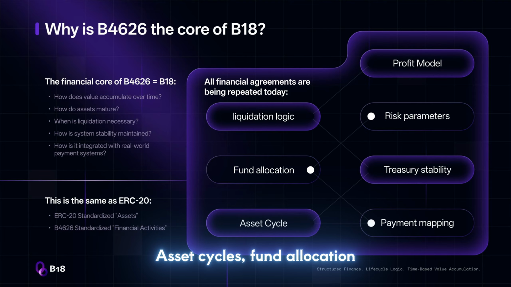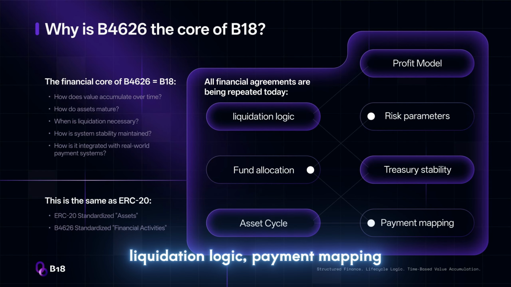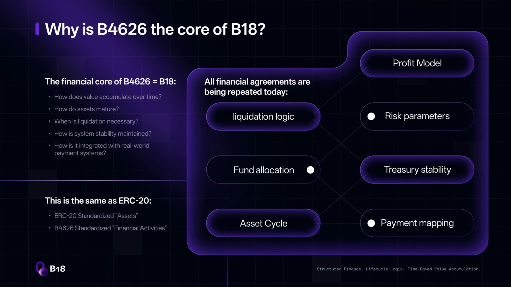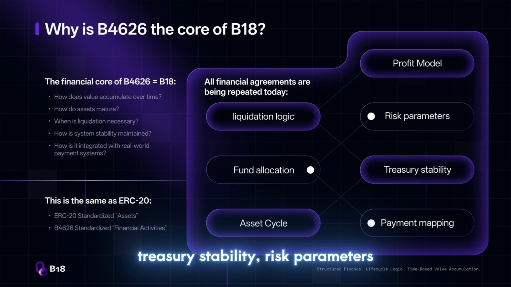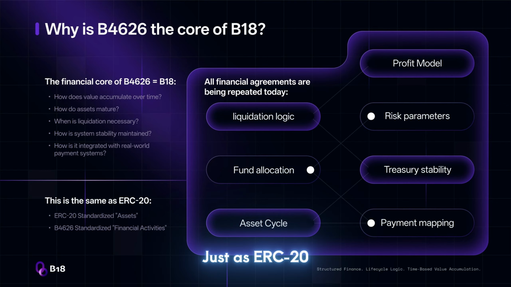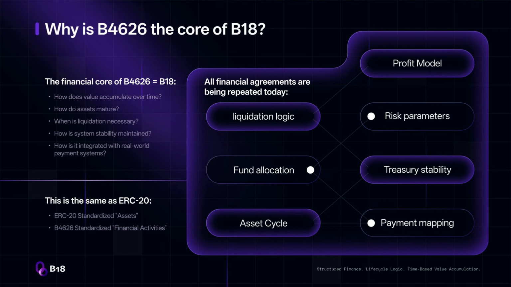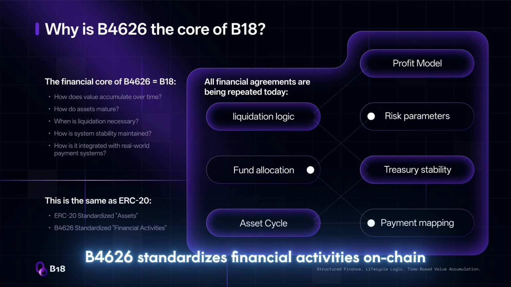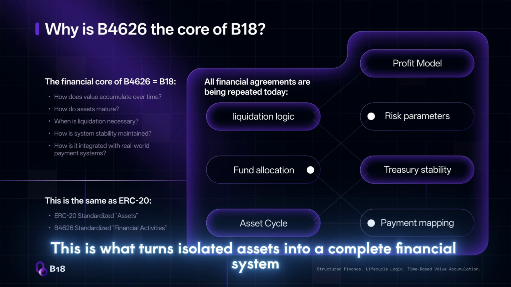Asset cycles, fund allocation, liquidation logic, payment mapping, treasury stability, risk parameters, and profit models are all defined at the protocol level. Just as ERC20 standardized digital assets, B4626 standardizes financial activities on-chain. This is what turns isolated assets into a complete financial system.